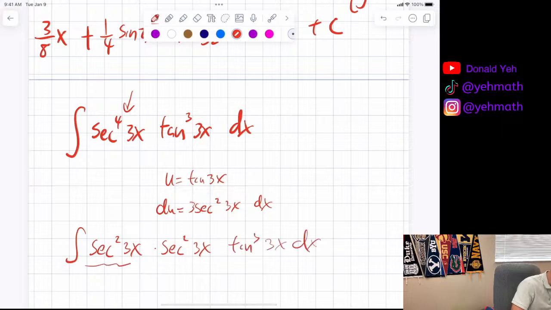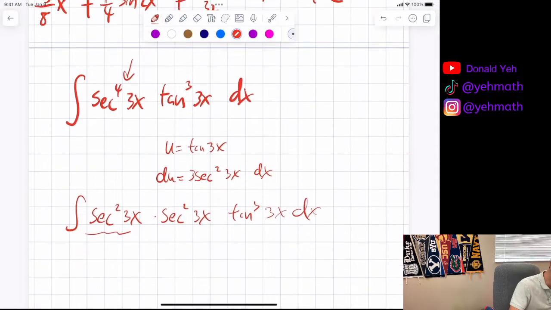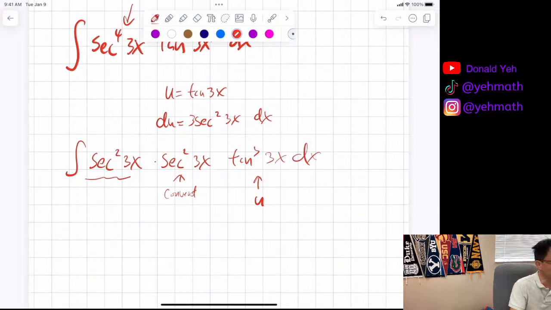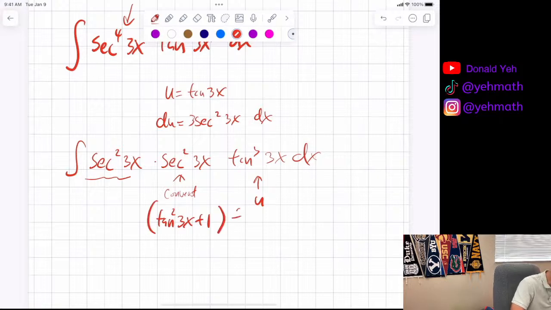Why? Because this becomes the du part. Now this is going to be u, so you have to convert the rest. What is secant squared of 3x equal to? Tangent squared 3x plus 1. And I change the tangent cubed of 3x as well.